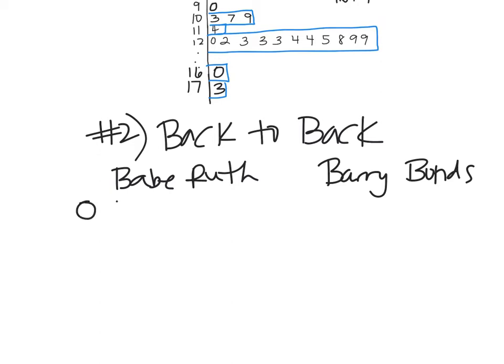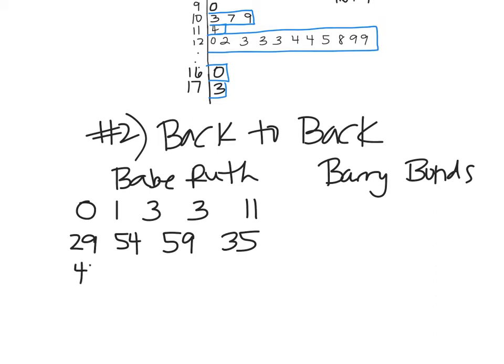The next year he hit 1, and then 3, and then 3, and then 11, 29, 54, 59, 35, 41, 46, 25. Okay, the list goes on. It goes on a lot until finally, at the end of his career, his last year, he hit 6.